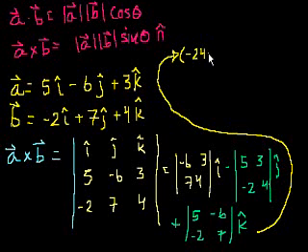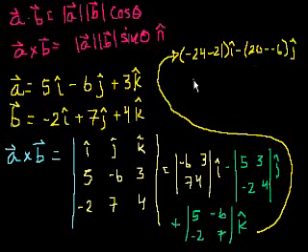Minus 5 times 4 is 20 minus 2 times 3, so minus 6 J. Plus 5 times 7, 35, minus 2 times minus 6, so it's minus positive 12.